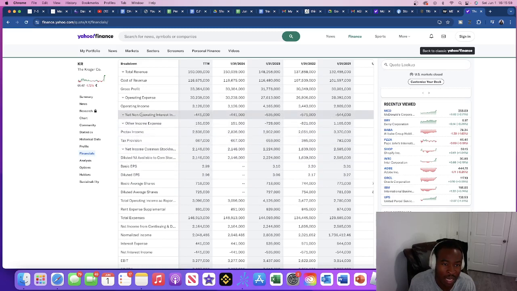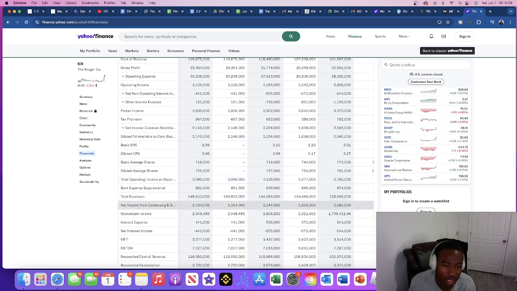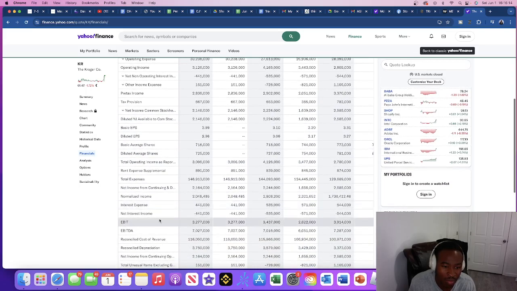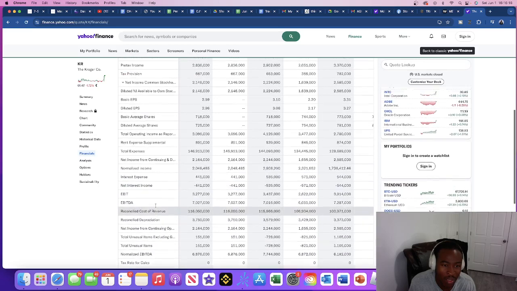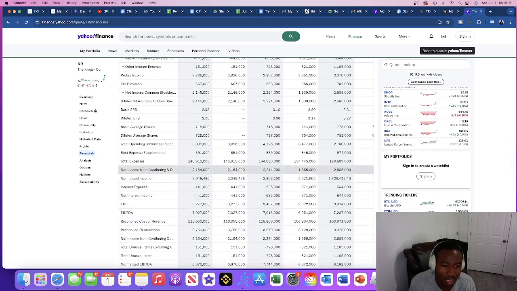This is net non-operating interest expense. Let's see if we can find net income from continuing and discounted operations. So this is their net income right here.